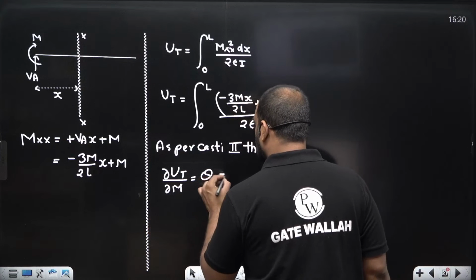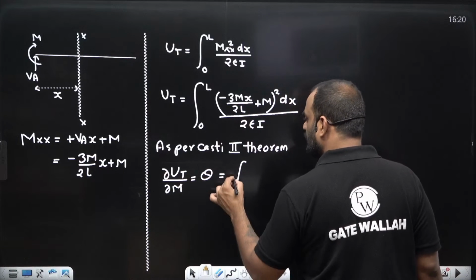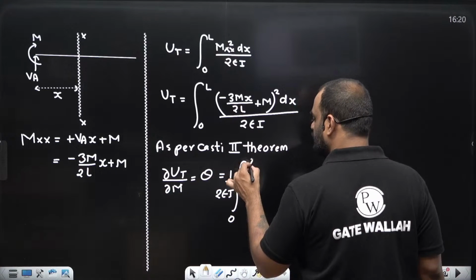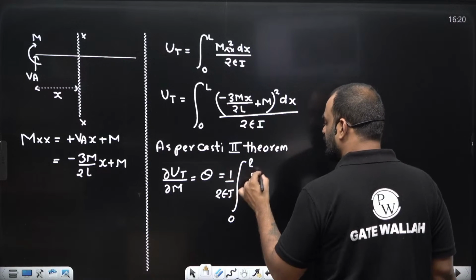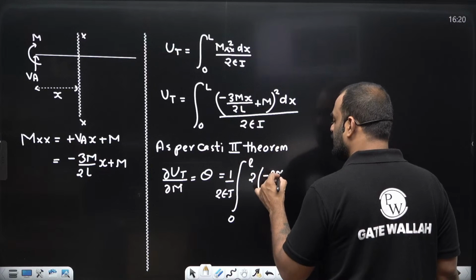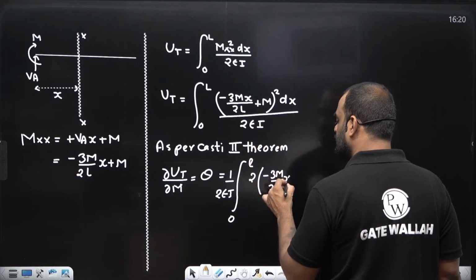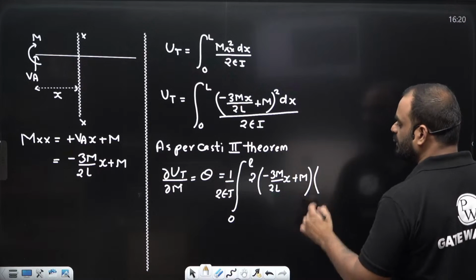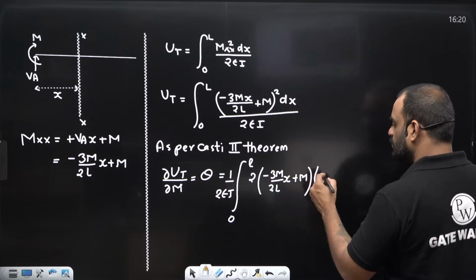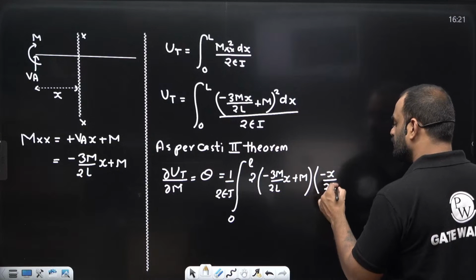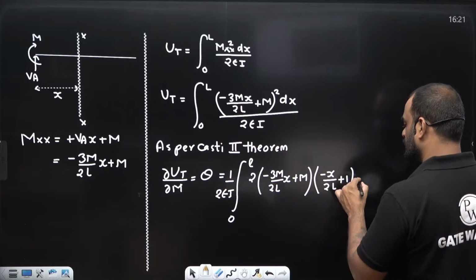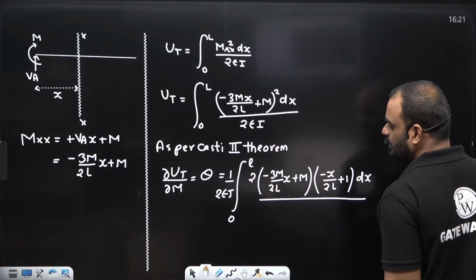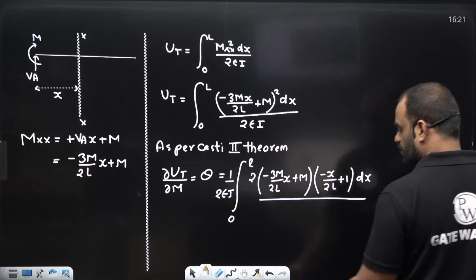So theta is equal to 1 by 2EI, integration 0 to L, then take the derivative of it, 2 into minus 3M by 2L into x plus M. Clear? Now further we will take the derivative of it with respect to M. So it will become minus 3x by 2L plus 1 dx, divided by 2EI, that is outside the integration which we have written. Okay, no problem.